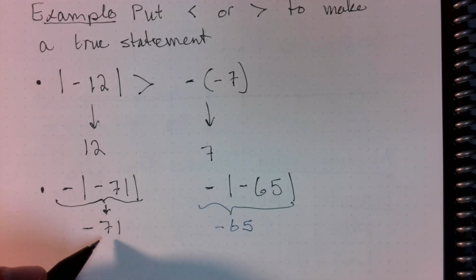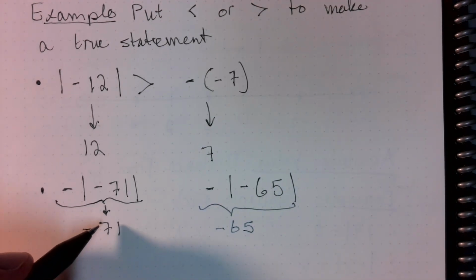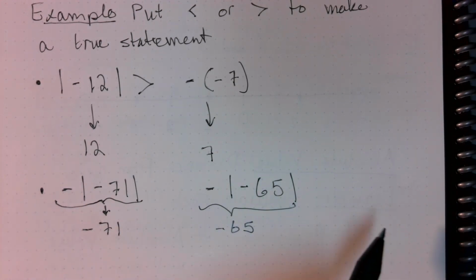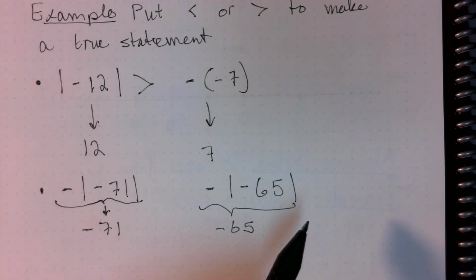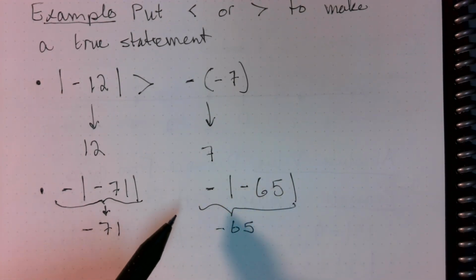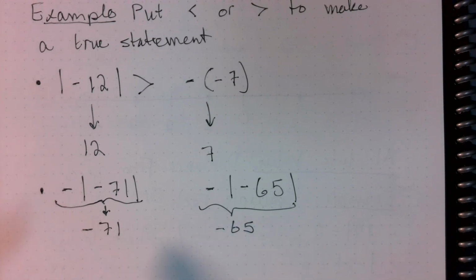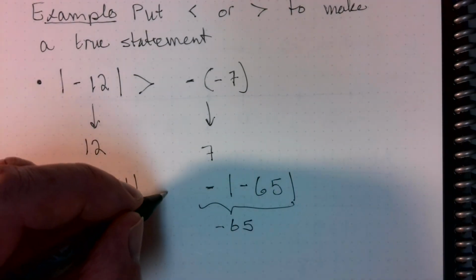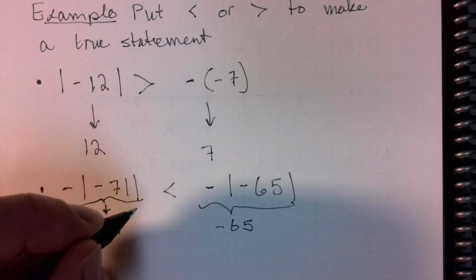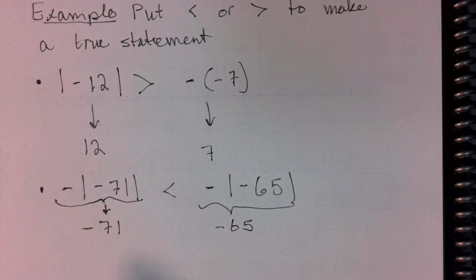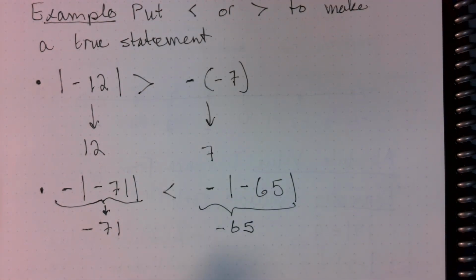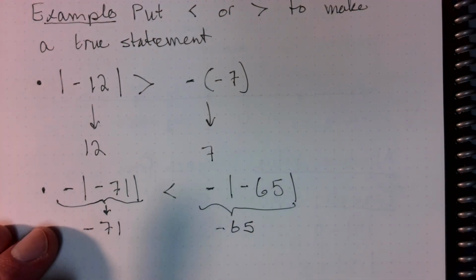Now you've got to remember the negative numbers are kind of ordered backwards. If I were to plot these, I would hit negative 65 and then negative 66, negative 67, negative 68, negative 69, negative 70, negative 71. It would be way to the left of negative 65. So negative 71 is less than negative 65. You've got to remember that ordering of negative numbers goes backwards.